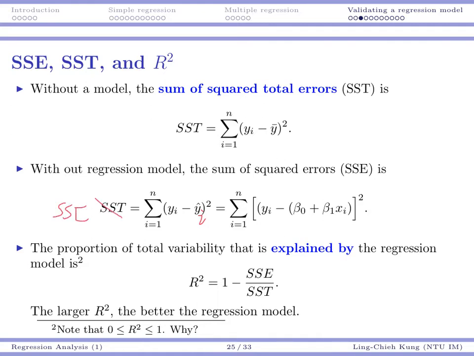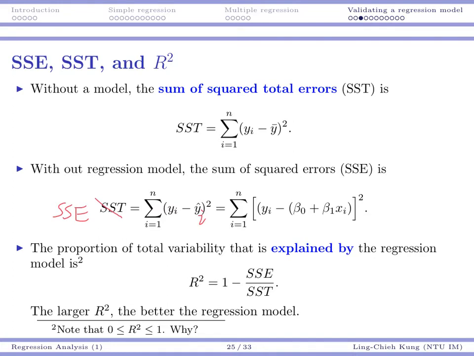This is SSE, the sum of squared errors. Then we define something called R squared as the proportion of total errors that is explained by the regression model. It's defined as 1 minus SSE over SST.